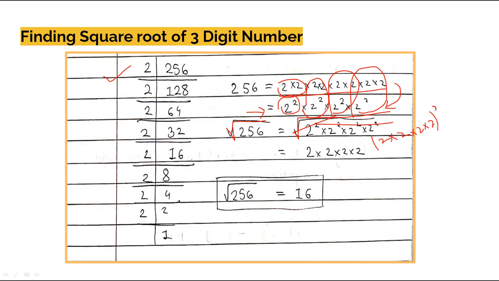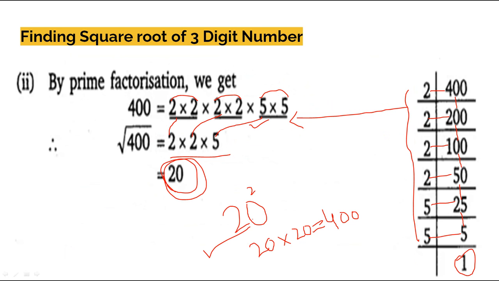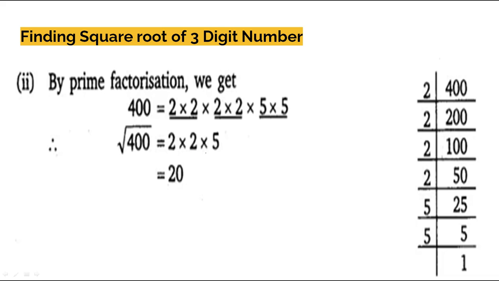Some students use this method for the square root. The square root will cancel out the power, so finally you get the numbers. And once you get the numbers, you multiply and finally you get the answer. This is the same as the previous one. It depends on you which method you want to use.